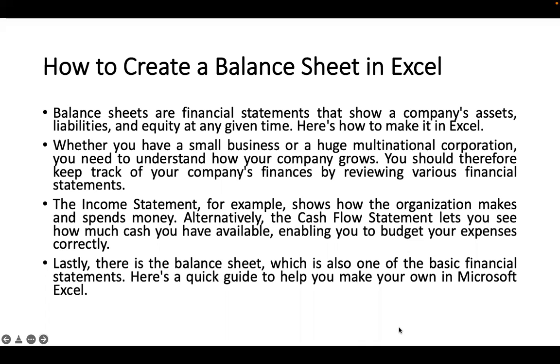Alternatively, the cash flow statement, which we will discuss tomorrow most probably, lets us know how much cash is available with us, eventually enabling us to budget our expenses correctly. So the cash flow statement we will learn tomorrow. Today we will learn the balance sheet.